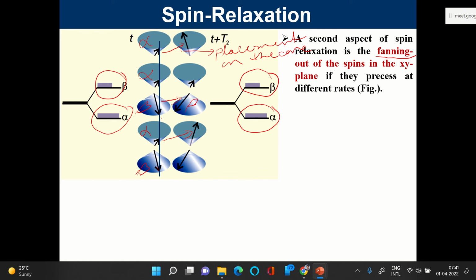All the spin angular momentum vectors were pointing in the same direction, placed on the same position on the cone, they were aligned. Now they are placed differently on the same cone, such that their z component is not changed. This is the spin relaxation. Alpha and beta state in the initial and final is the same.